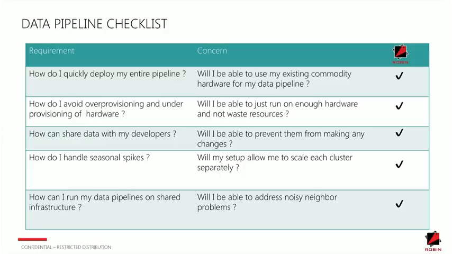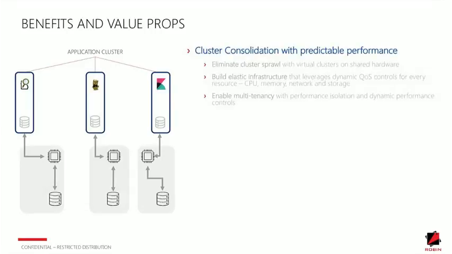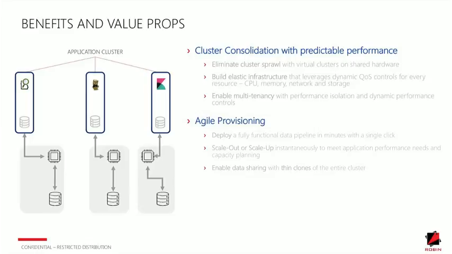Before I finish my presentation, I wanted to go over the benefits and value props of our platform. We provide cluster consolidation with predictable performance. We help you eliminate cluster sprawl. We create an elastic infrastructure that leverages dynamic quality of service controls for each resource: CPU, memory, network and storage. We enable multi-tenancy with performance isolation and dynamic performance controls. We help you with agile provisioning.